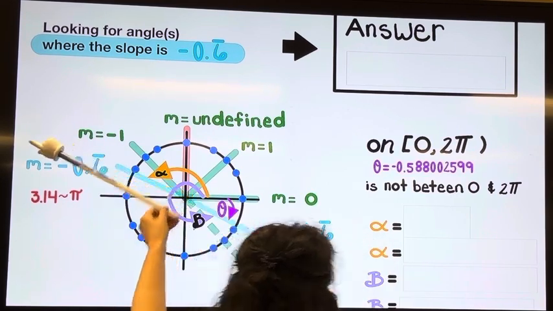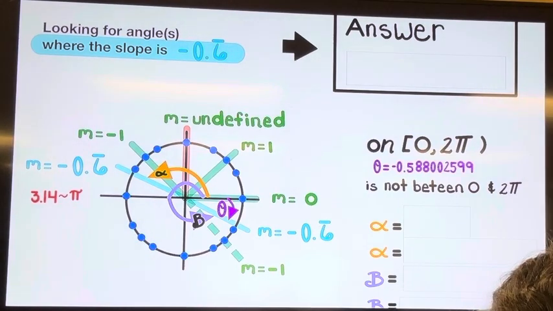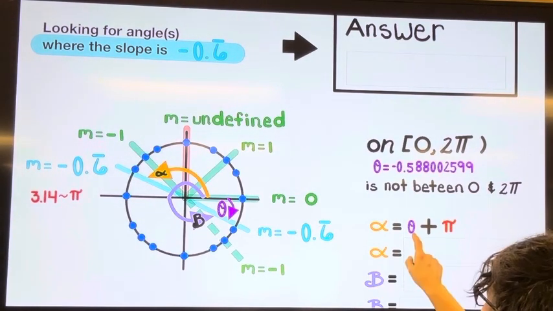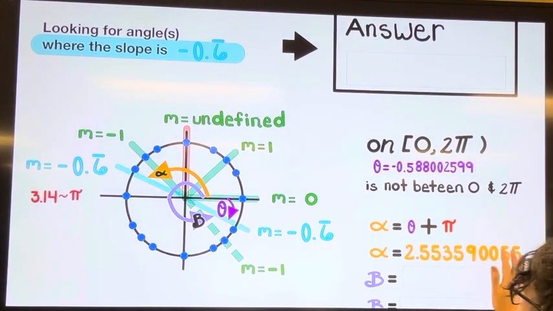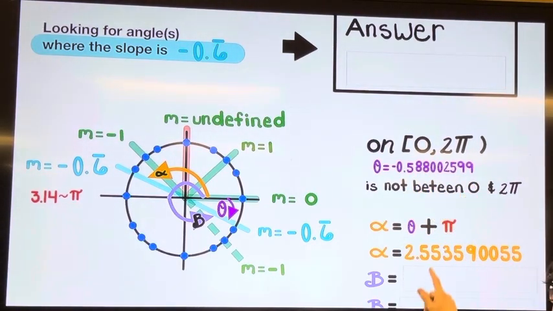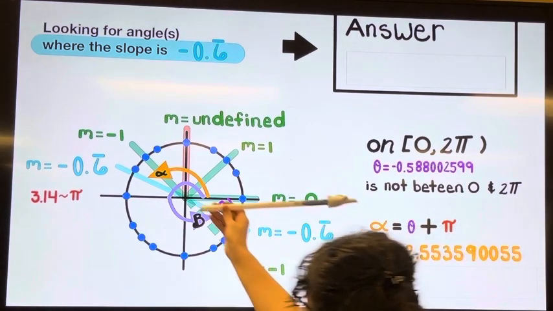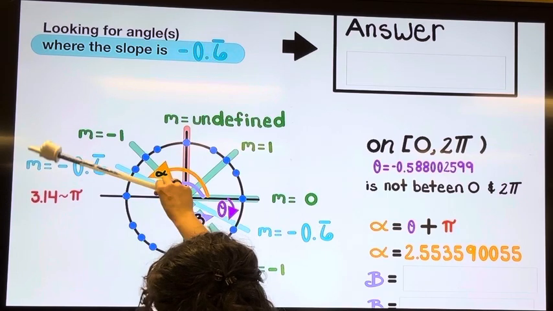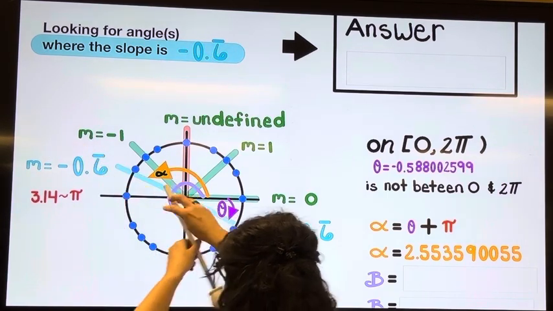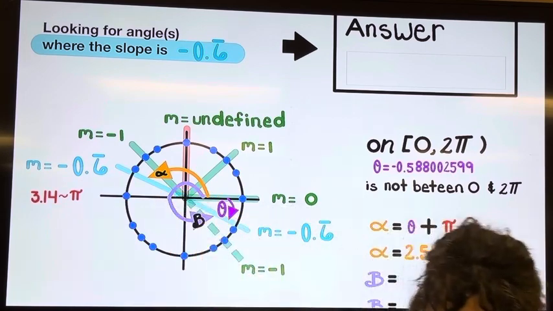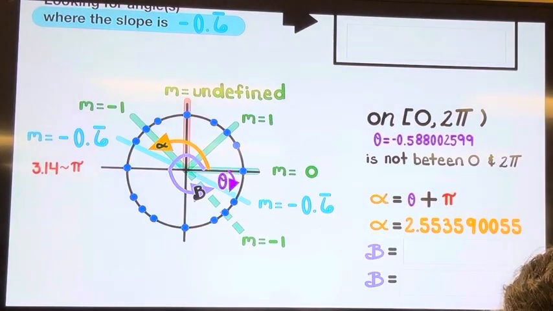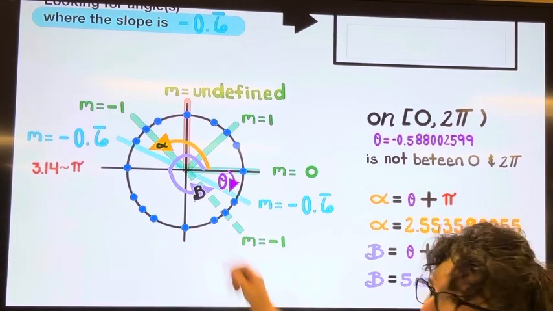So this alpha is going to be theta plus pi. I use my pi button, I use that beast of a decimal, and that's what I got. And then I've just gone from here to here, and now I want to keep going to here, but that's another half circle away. So I'm adding pi again, and then I'm going to end up with this one.